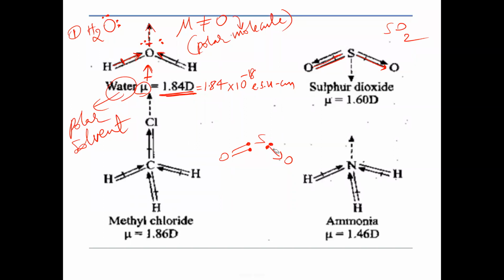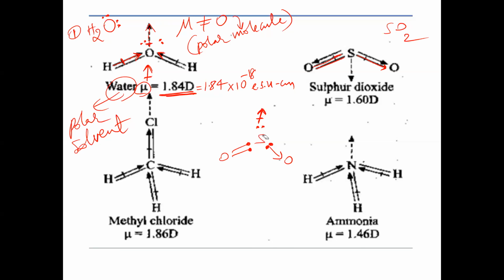Now totally sulfur has contributed 1, 2, 3, 4. The 5th electron is still there, and it will have some bond moment. The 6th electron, the other electron of the lone pair, will also have some bond moment.